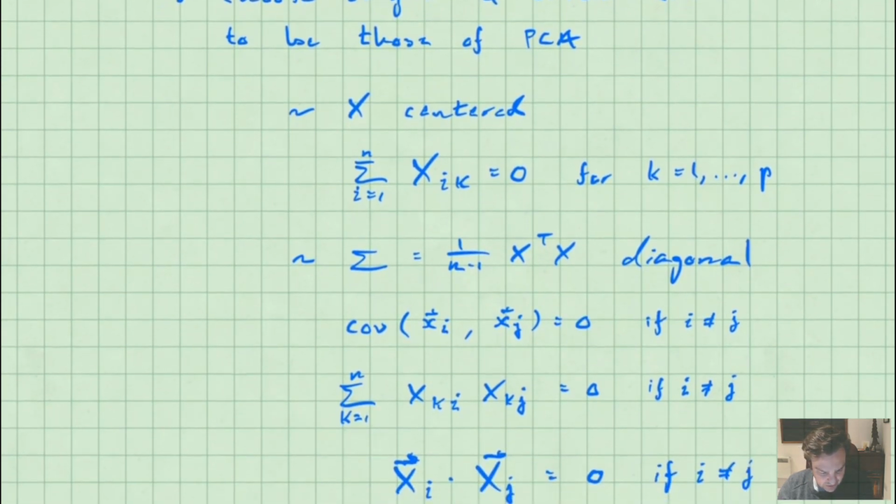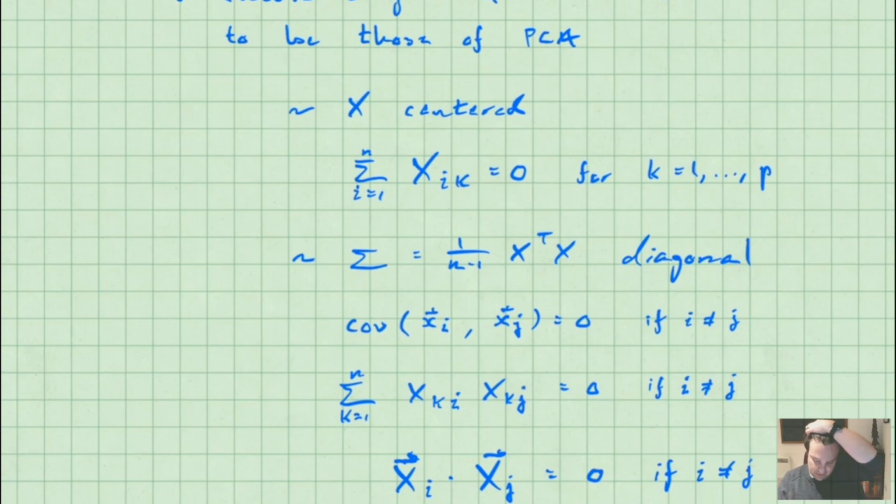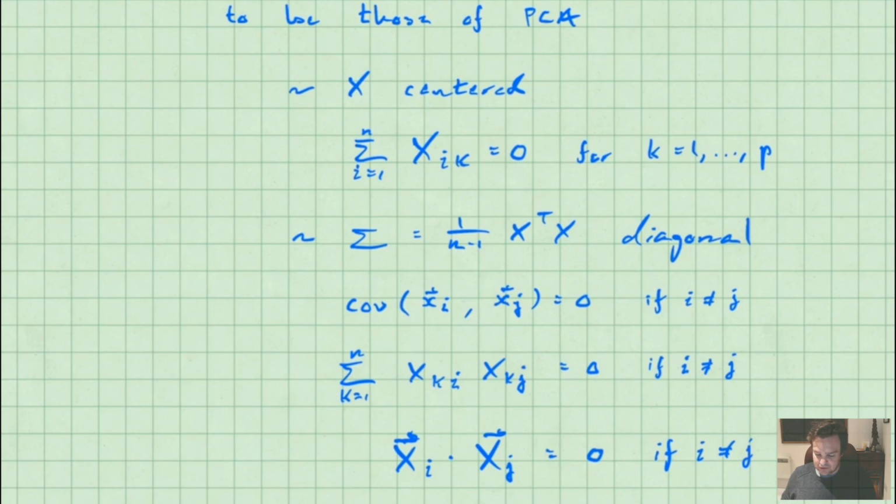In essence, we're putting the distance matrix into a data matrix, and that data matrix is in its principal component frame of reference. So maybe it makes sense to think of the axes as the principal coordinates.